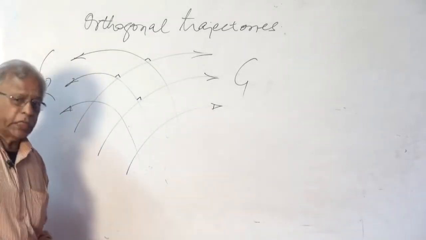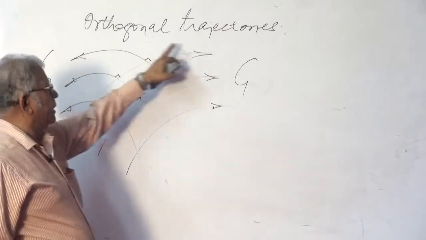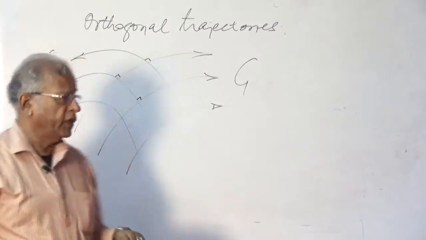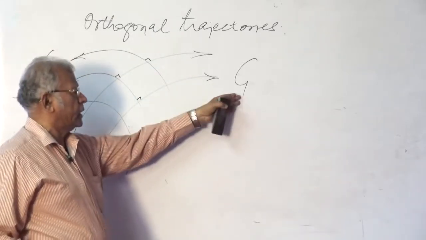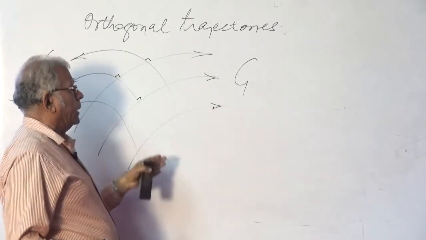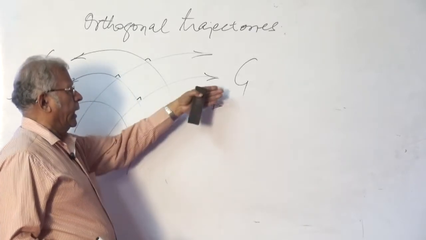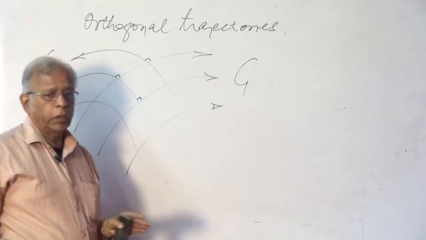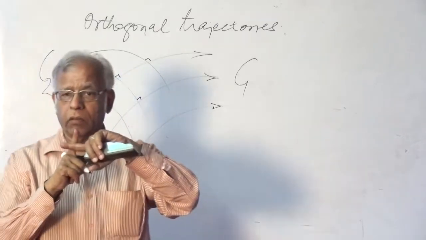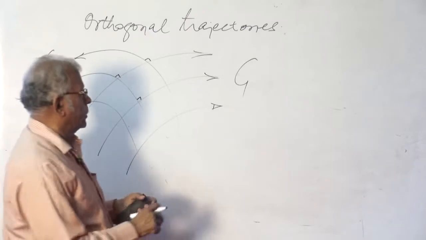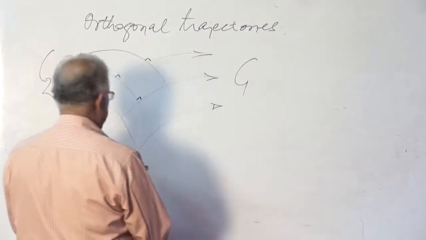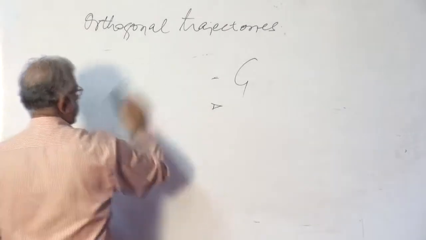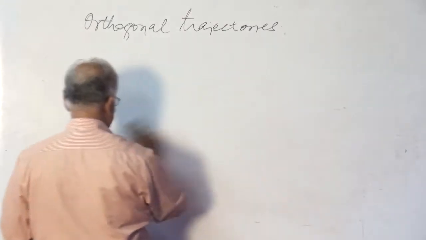So I repeat once again, the concept of orthogonal trajectory is that it is essential to consider two families of curves designated by, let us say, C1 and C2, and the criterion is that any member from C1 intersects any member from C2 perpendicularly, that is, orthogonally. So let us take an example to understand, and let's also see how we can get to the orthogonal trajectory.